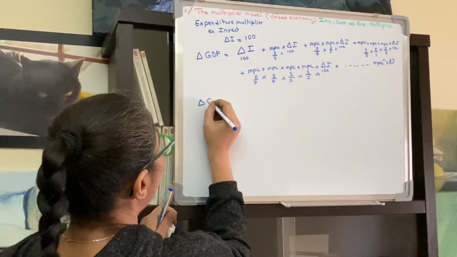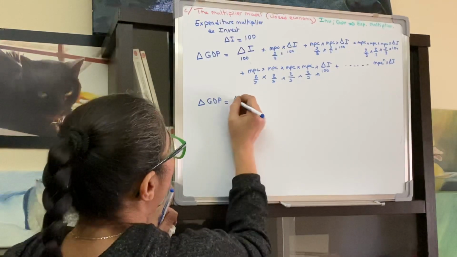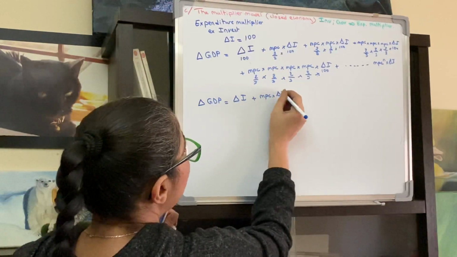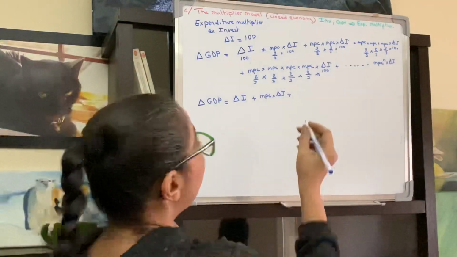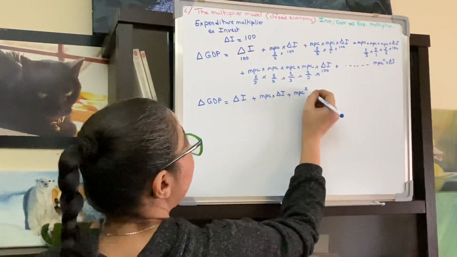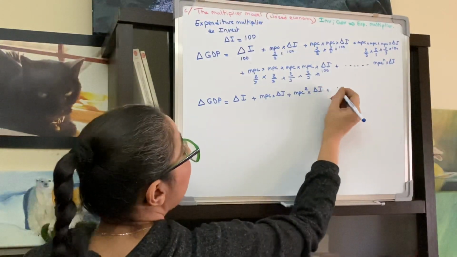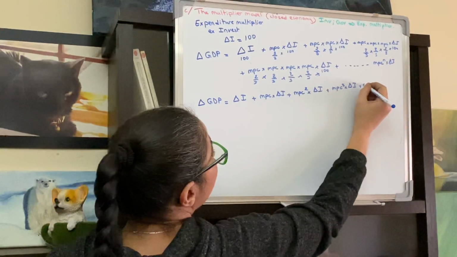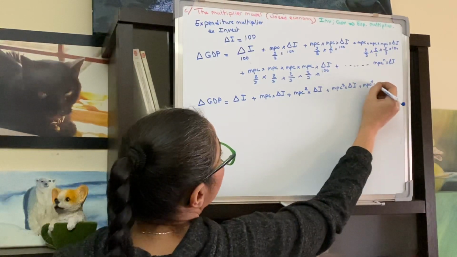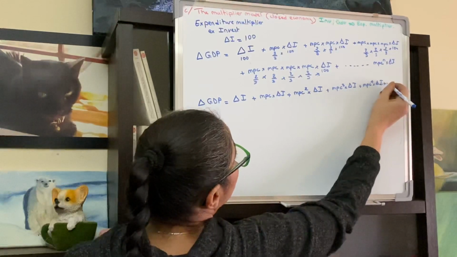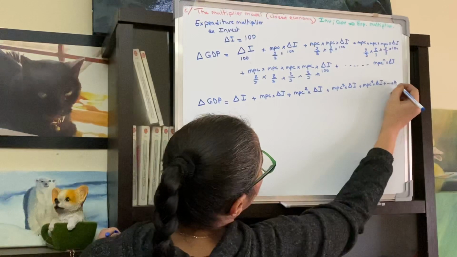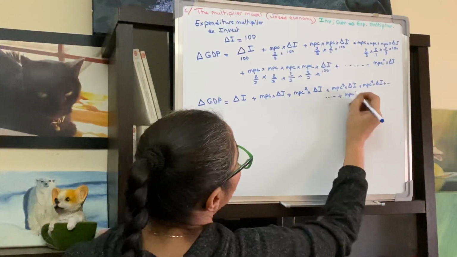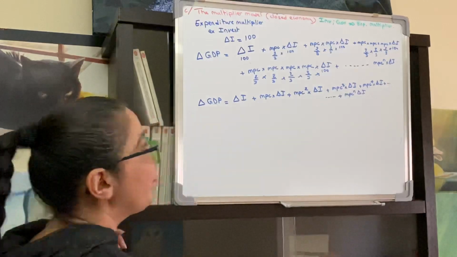So delta GDP, the change of your GDP, is going to be equal to, I'm going to rewrite, delta I plus MPC times delta I times MPC, that's MPC square times delta I, plus MPC cube times delta I, plus MPC to the power 4 times delta I, plus MPC to the power n times delta I. Okay?